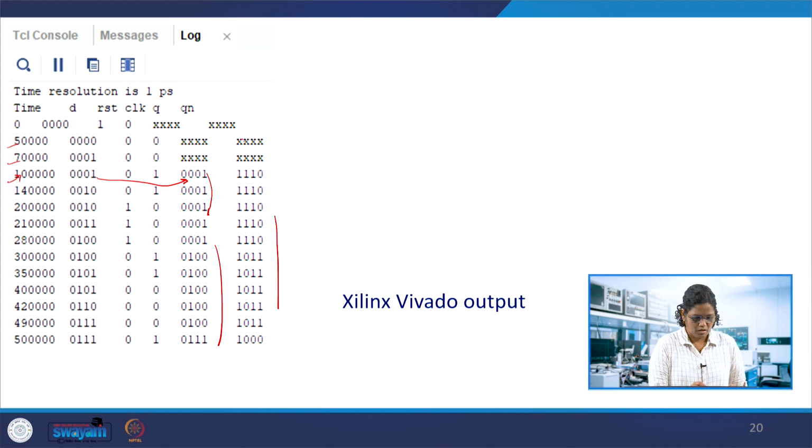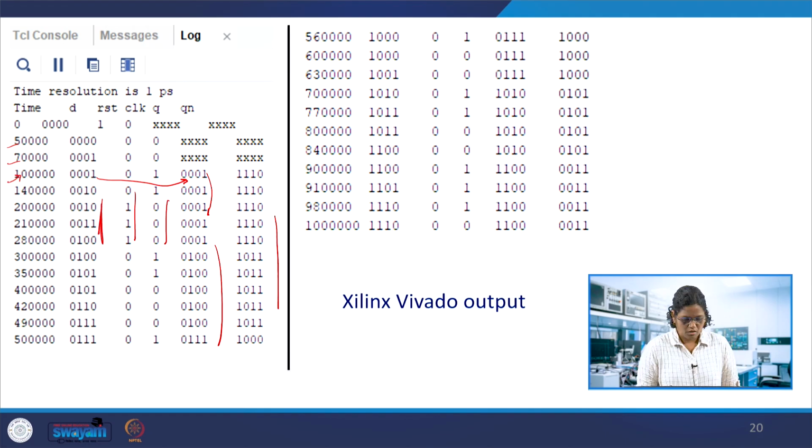Okay, Q, and this is the clock, and then here is the reset. This is the reset column, this is clock, Q and Qn, and this is the data D. So for the remaining part, the data changes and the reset is 0. At the passage of the clock, whatever the data was is maintained.